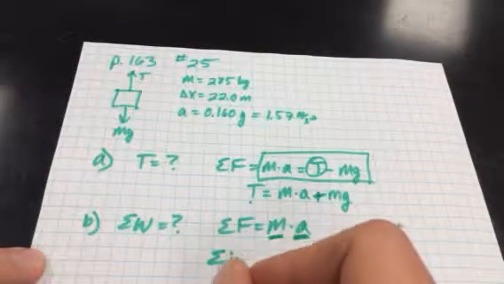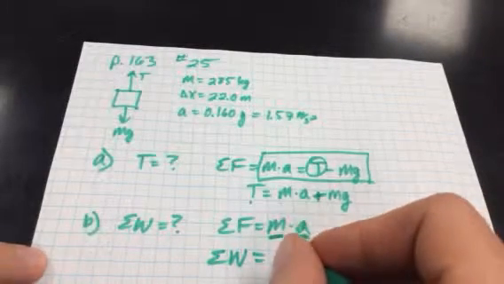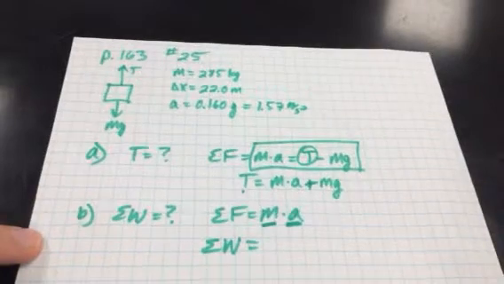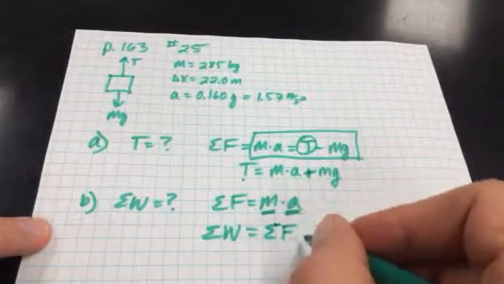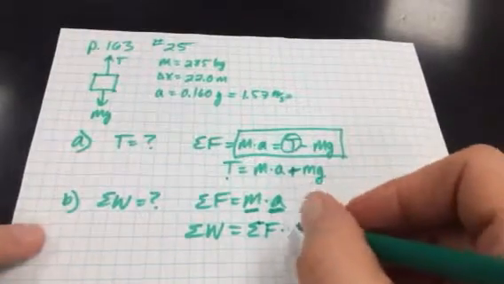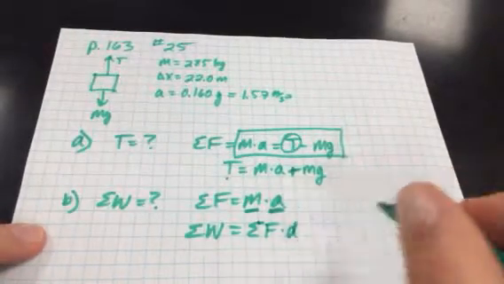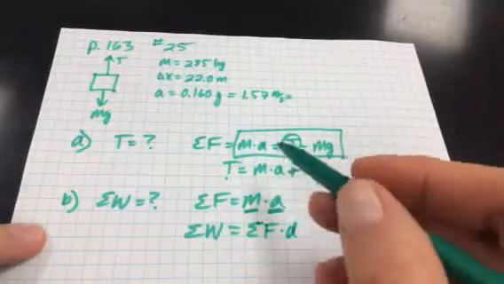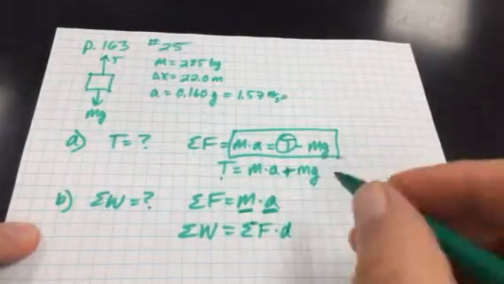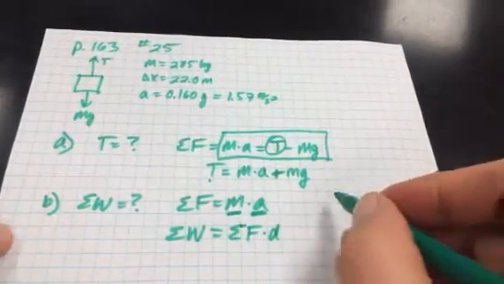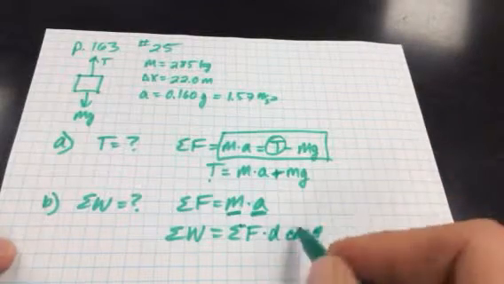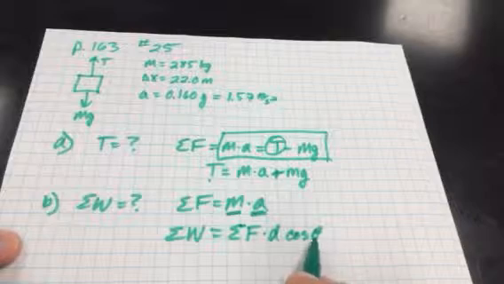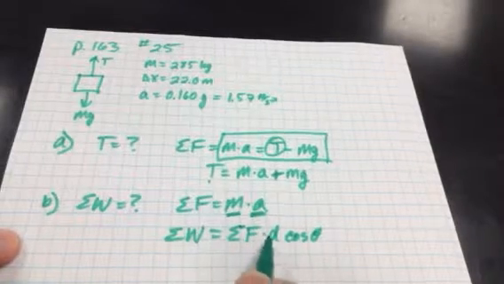Now, to figure out the net amount of work, I just take that, I go to my work equation now. In this case, the net force times that displacement, the vertical displacement of 22 meters. And now, I don't want to forget that element there, because remember, that angle refers to the angle between these two vectors.